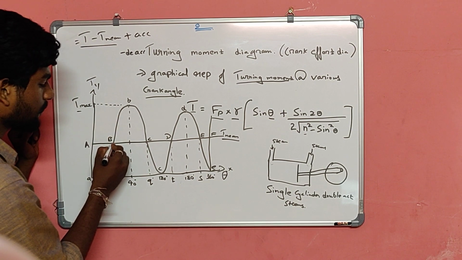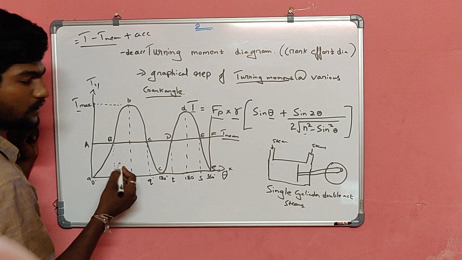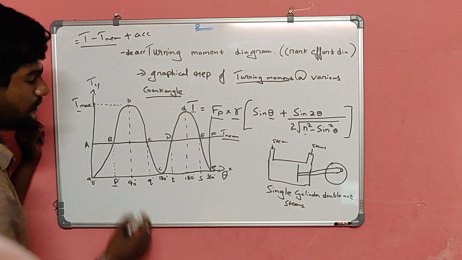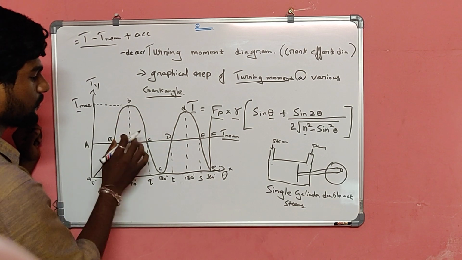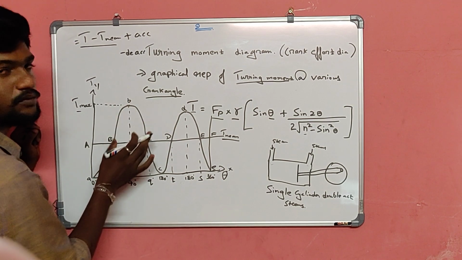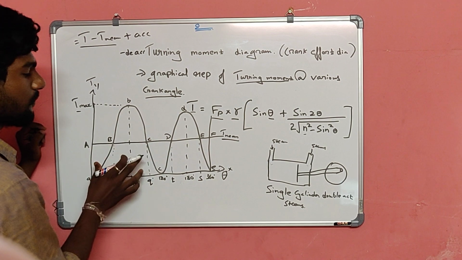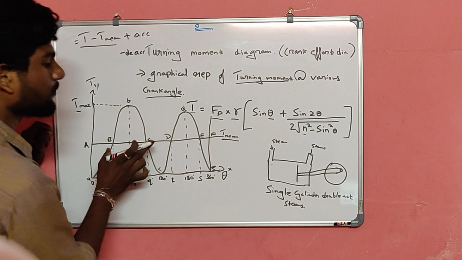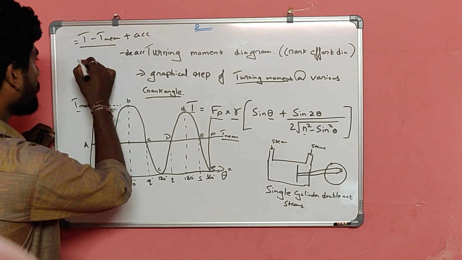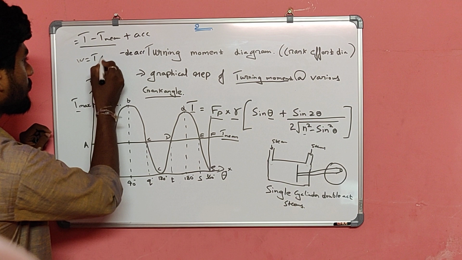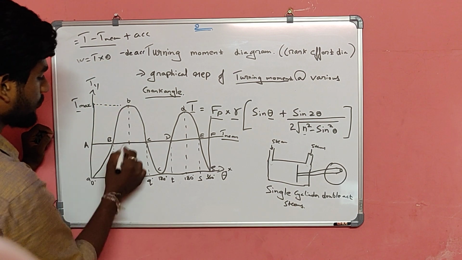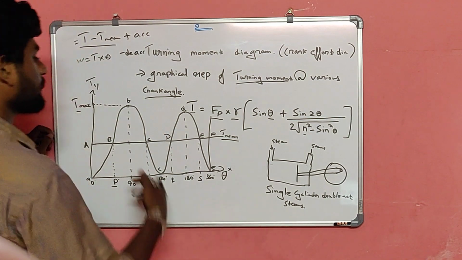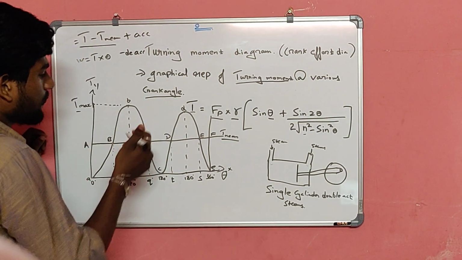From point B onwards, the turning torque is more than the mean torque, so it can start rotating the flywheel from here. This area is really huge compared to this one. If the flywheel mass is heavy, then this area will also be large. And we all know work here is T into theta. So this is the work needed.